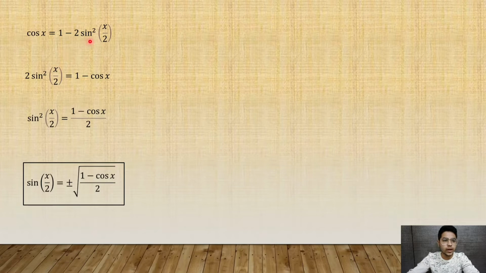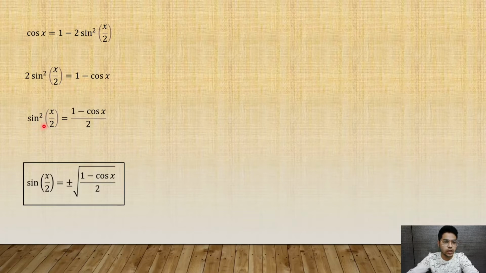Now we will be rearranging this equation, so we get 2 sine square x/2 equal to 1 minus cos x. The cos x is positive on the left hand side, so it will move to the right hand side and get converted into minus. Now this 2 we are sending to the right hand side, so it will divide the complete expression 1 minus cos x.